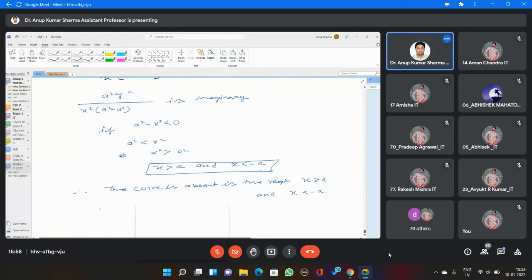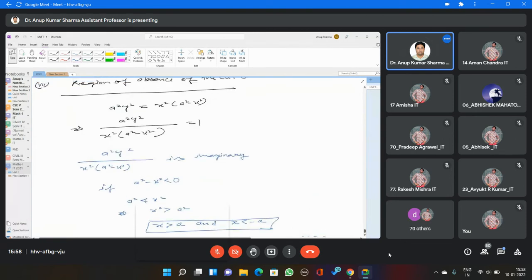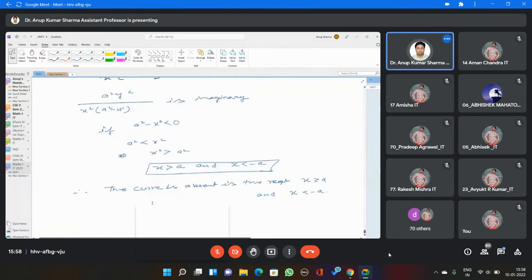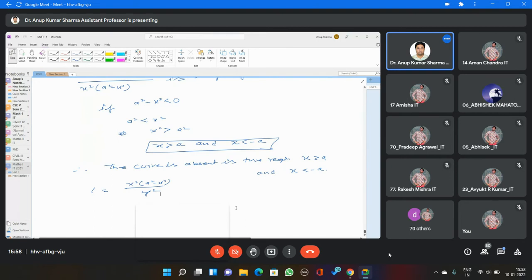For y, x square times (a square minus x square) upon y square. We are not getting the proper things to find the region of absence, because it intersects at the three points only.